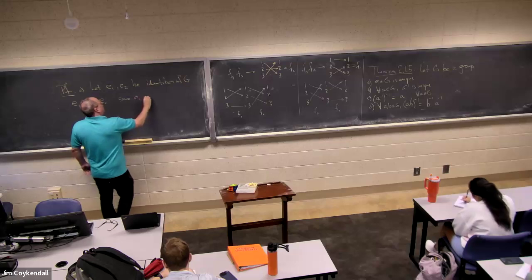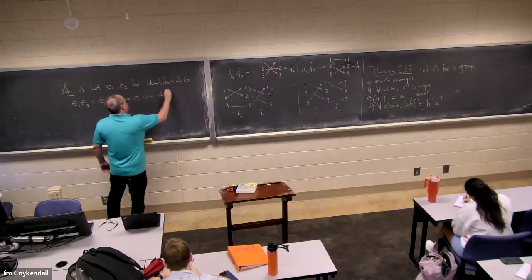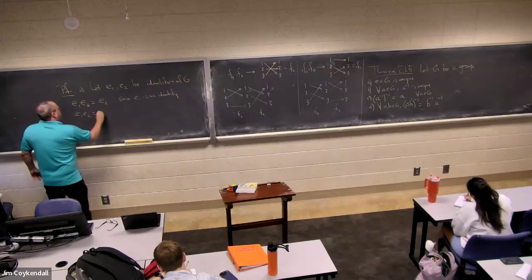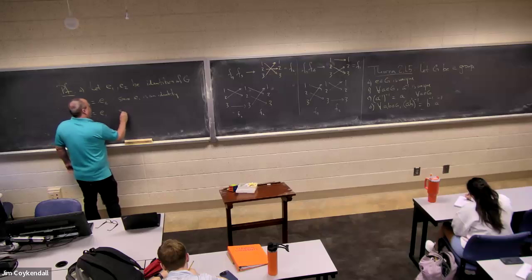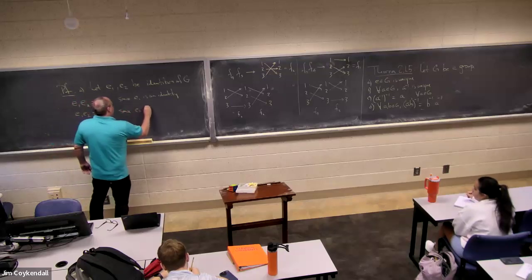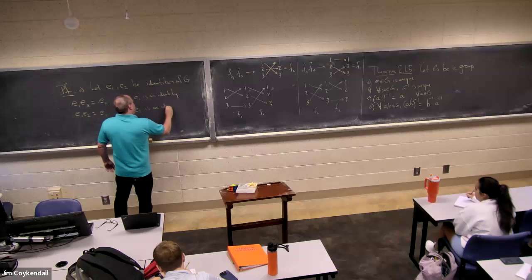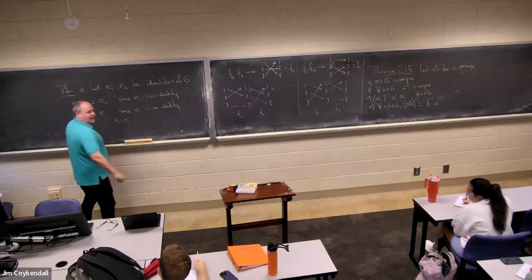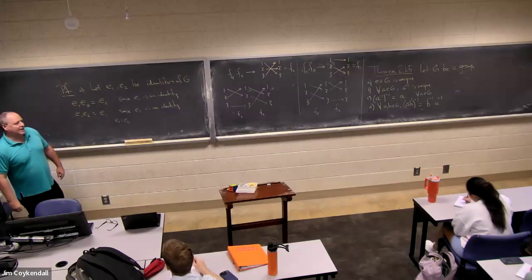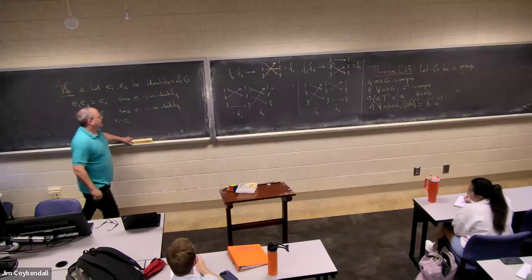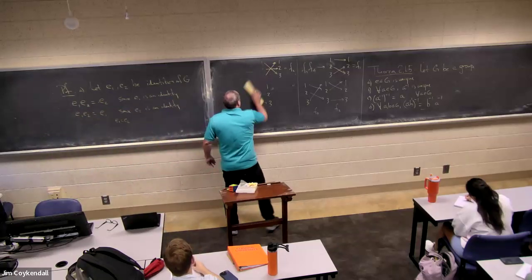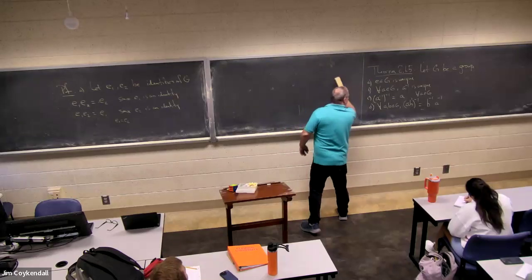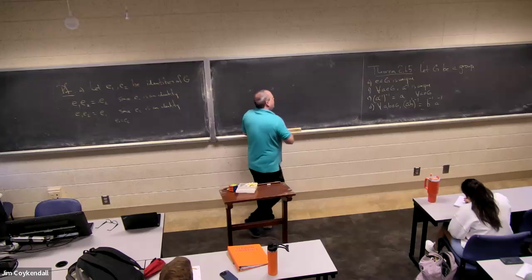Since E1 is an identity, E1 E2 is E2. But since E2 is an identity, E1 E2 is E1. So E1 equals E2. I almost feel like you have to take a shot at that. It's trivial, as I said in my linear algebra class.